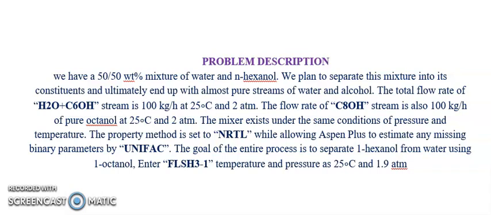Today we have this question, and we will do a revision on the previous sections. So let's do that. Here we have the question. It says we have a 50-50 percent by weight mixture of water and n-hexanol.